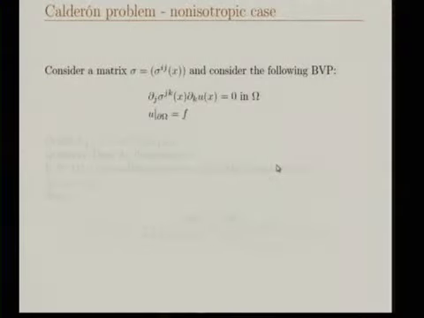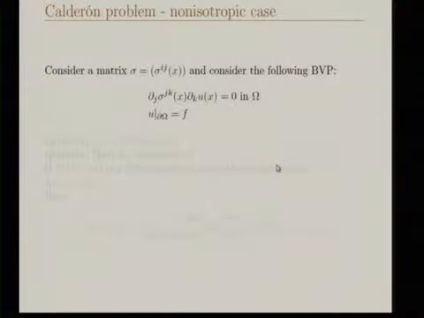So what is the geometric Calderon problem? So far Professor Rakesh talked about the isotropic case, where the sigma here, instead of being a matrix, was sigma times the identity. But it's natural to consider the non-isotropic case, where we replace this by a matrix.